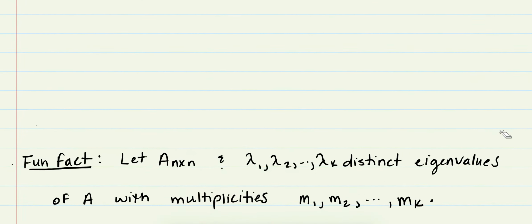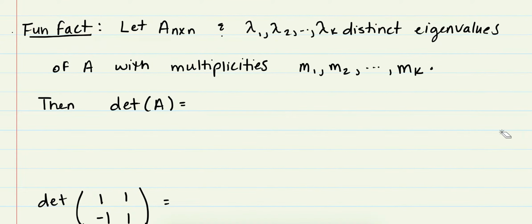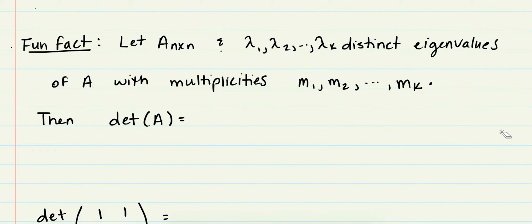Let's move on. Let's talk about something really interesting, and that is there's a relationship between the determinant of a matrix, the trace of a matrix, and the eigenvalues. So here's a fun fact. Suppose we have an n by n matrix that has distinct eigenvalues, and the eigenvalues come with multiplicities. So for example, the characteristic polynomial will look something like this.